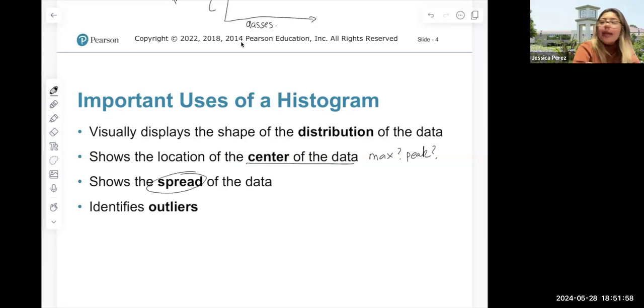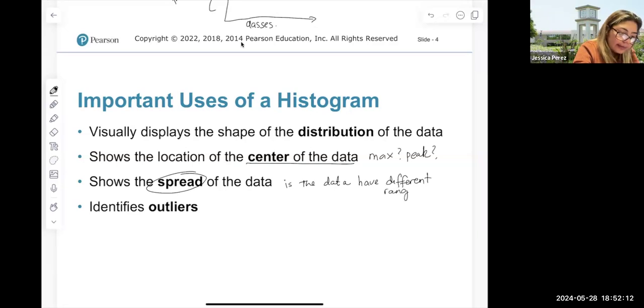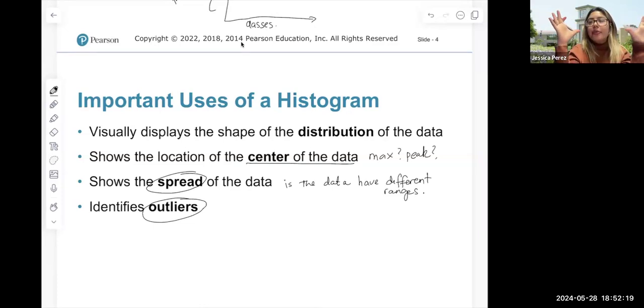Is there spread? So does the data have different ranges? Do we have variety? And any outliers? So is there a number that sticks out, for example, that's throwing off your data?